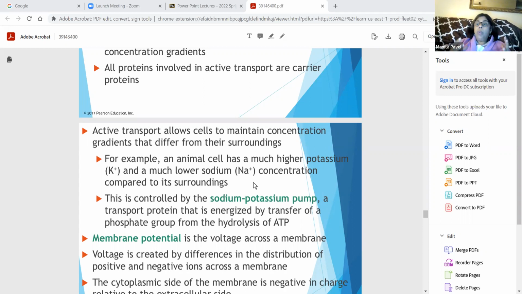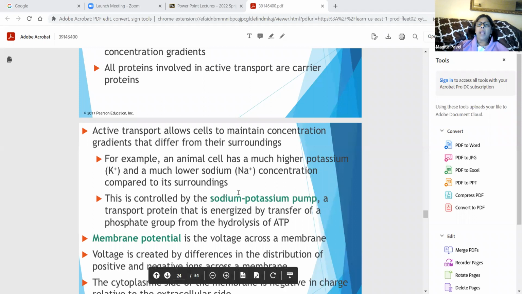And so now there is something called a membrane potential. What is membrane potential? It is the voltage that is being created across a membrane. And this voltage is created because of differences that exist between the positive and the negative ions across a cell membrane.